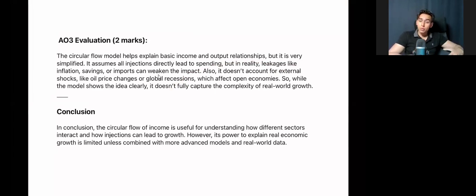Yes, it is useful to understand how different sectors work, how government works, how firms work, how banks work. However, its power to explain real economic growth is limited unless combined with more advanced methods, more advanced models, and real world data. Now, you have to use real world data as well to get a correct answer out of circular flow of income. Do you understand?